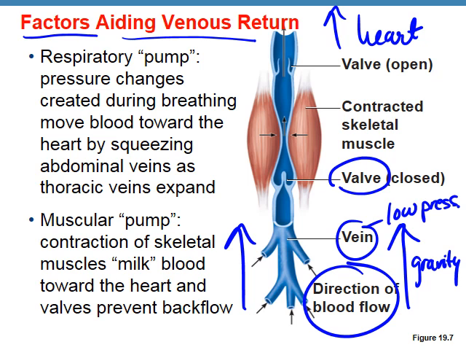One, we have valves, and these two pumps actually help us. So the respiratory pump: when you breathe in, you are moving blood towards the heart. Take a really deep breath, go. You're actually pulling fluid and moving blood towards the heart. So you're basically pulling blood up in your venous system.